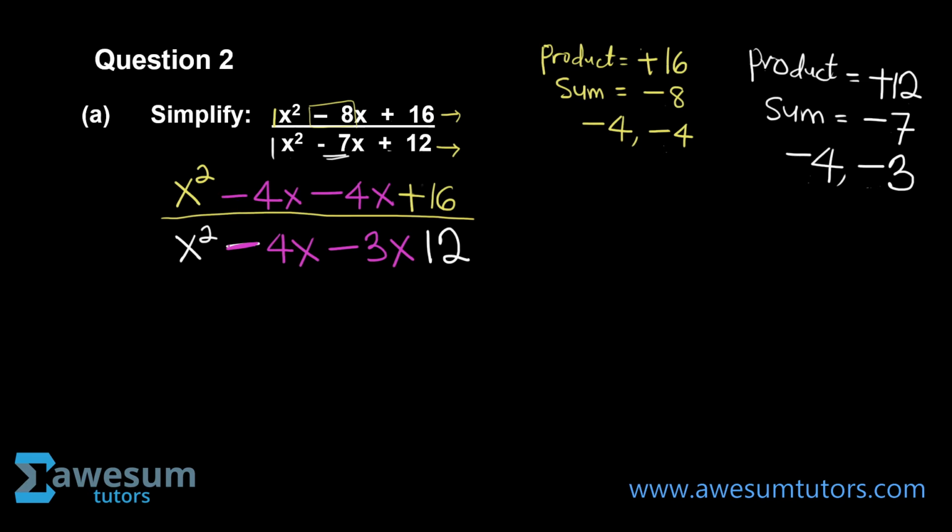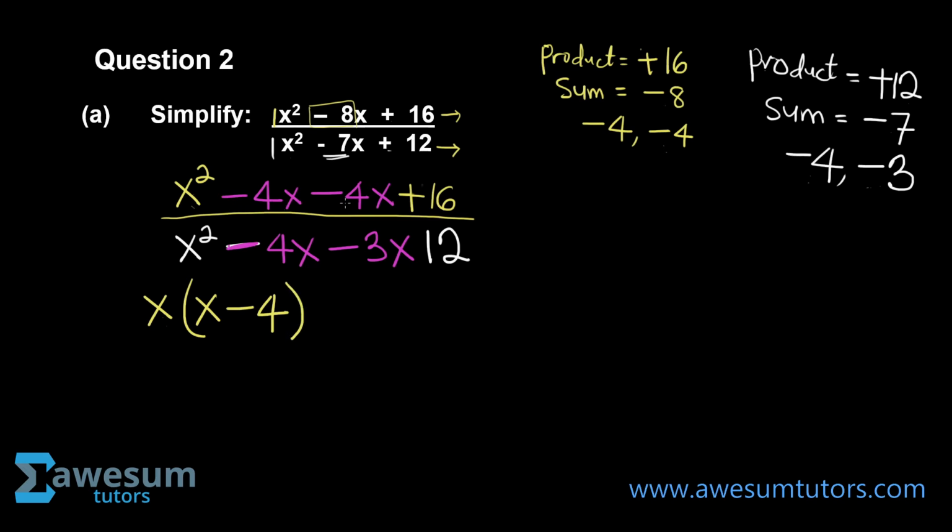Now let us go ahead to solve this problem. Right now we want to group the terms. We are going to have x squared and minus 4x. Let us factorize. x is common, so I'll have x bracket: x in x squared gives me x, x in minus 4x gives you minus 4.